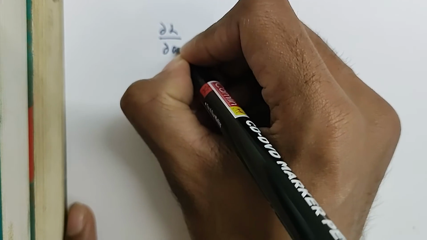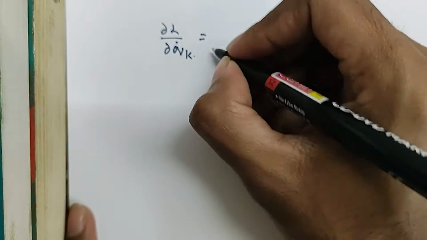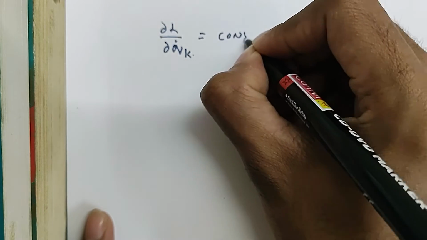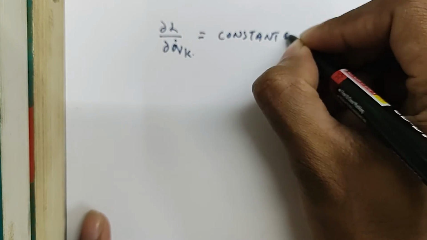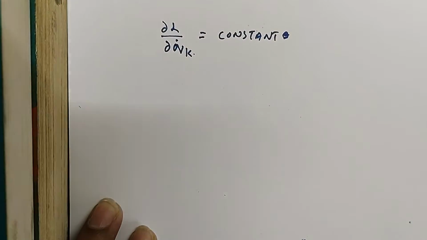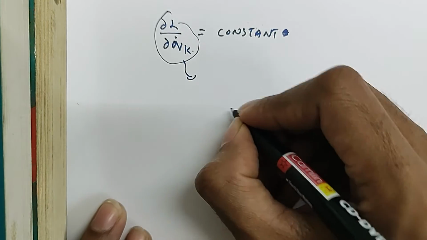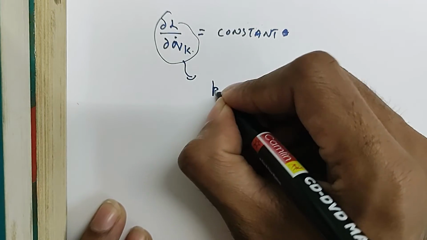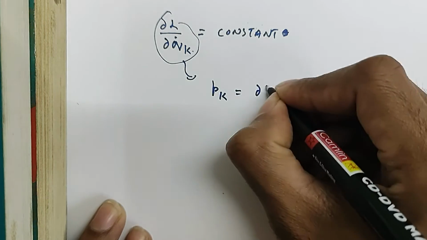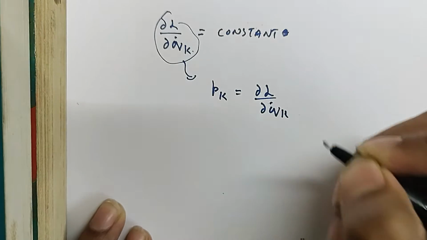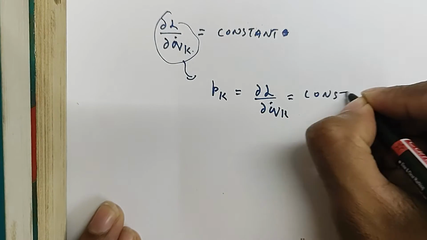And it is evident that whenever a constant comes into the picture in mechanics, it means the corresponding quantity is conserved. Now, this particular quantity is given the notation pk, which is equal to dou L by dou q dot k, and this is equal to a constant.